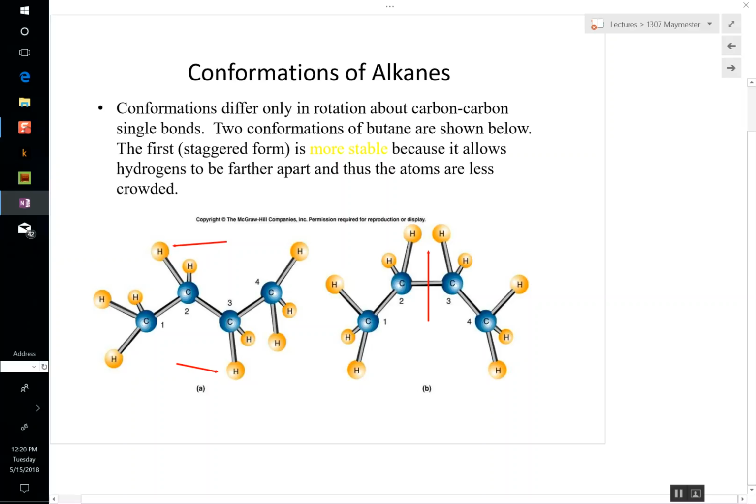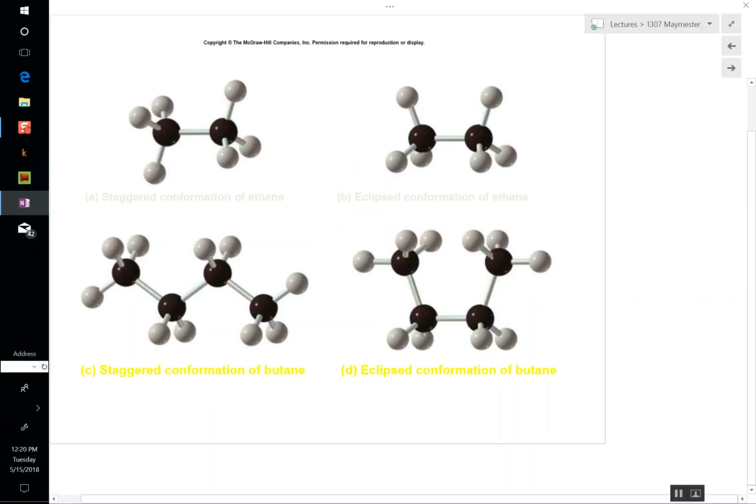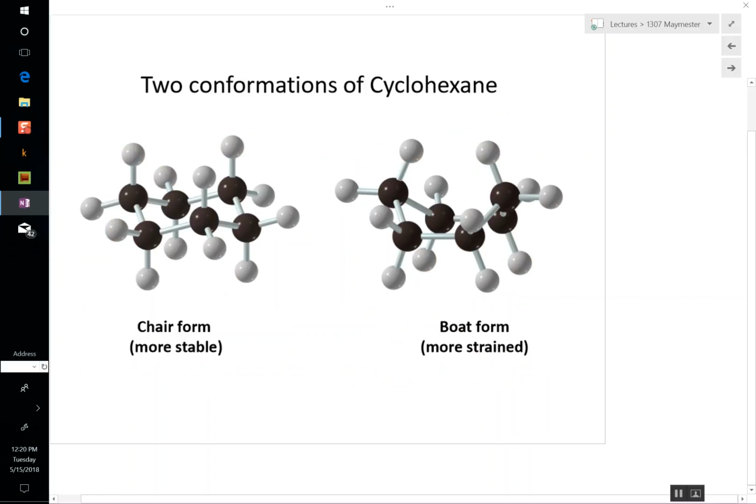Conformations. Well, what do I mean by conformations? The best way to look at conformation differences is cyclohexane. So let's get over to cyclohexane here. Here's cyclohexane, and cyclohexane can get into two conformations.